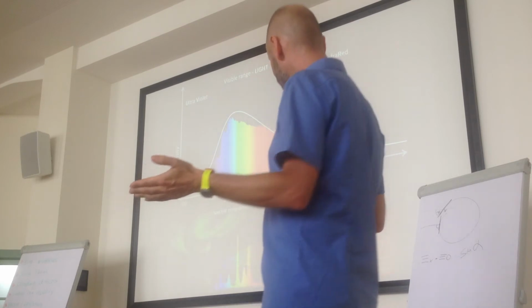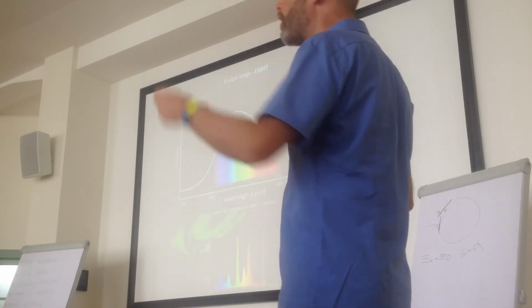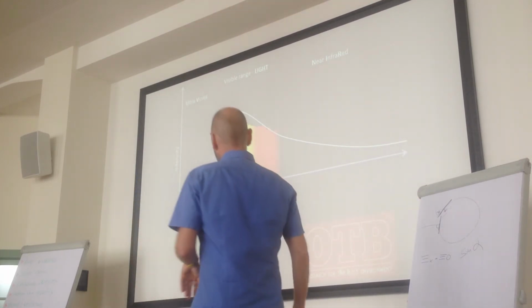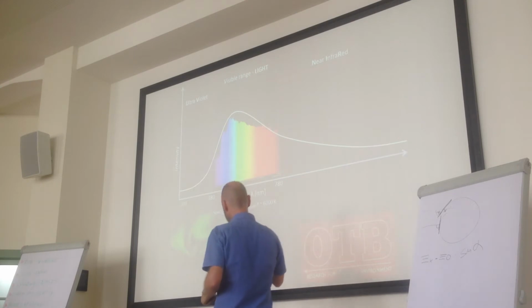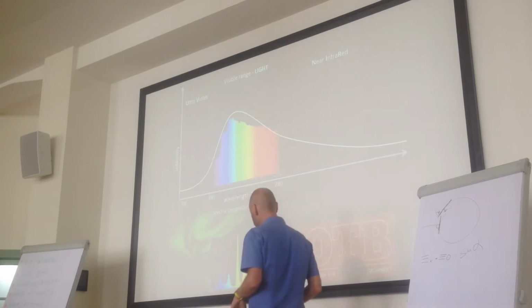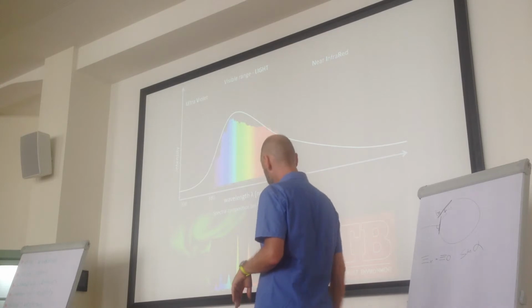Another example is the typical band spectrum of discharge lamps, as we have them here. We see that the spectrum of those lamps shows these typical peaks. So not every wavelength is represented, but just some of those peaks.